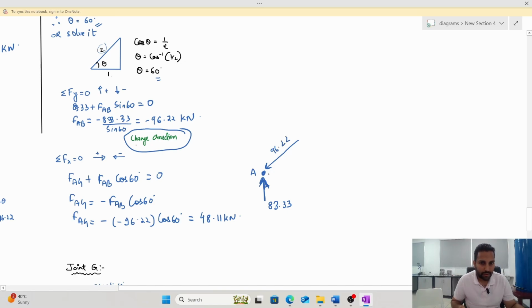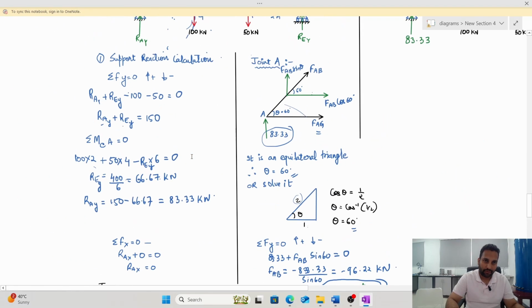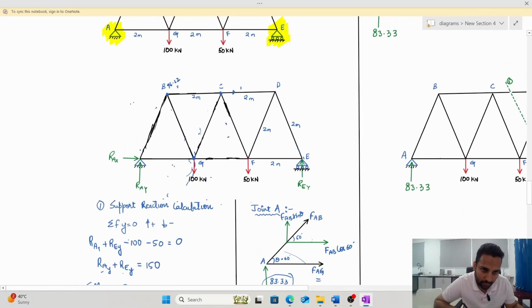Similarly, you have FAG, which is going out, and the direction we don't need to change because it is positive. So it is 48.11. Okay. So this is at joint A. So I will go to the joint A of my diagram, and here it is coming towards A, which is 96.22, and it is going away, this is 48.11. Okay, that's what we got.